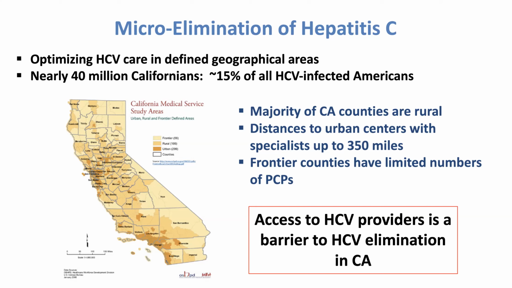What I've always been quite fascinated by is that while we have very large urban centers, and I practice in one of them, there are a lot of rural counties. People don't realize, I think, when they think of California, just how many Californians are living in rural or suburban areas where they don't have access to specialty care.